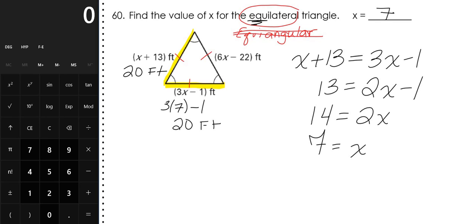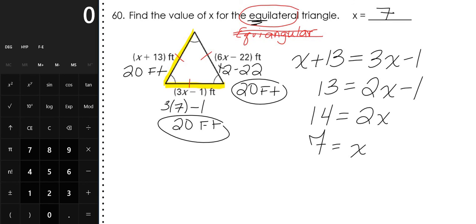And the last one, 6 times 7 minus 22. 6 times 7 is 42. Minus 22, I get 20 feet. So notice all 3 lengths are the same. It would not have mattered which 2 I picked to set equal, but x is 7. Let's go ahead and move on.